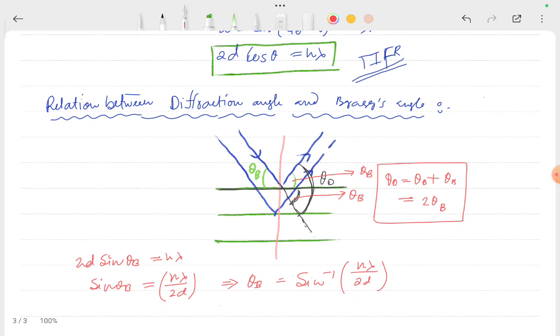Theta b is equal to theta d upon 2, so theta d equals 2 sine inverse of n lambda upon 2d.